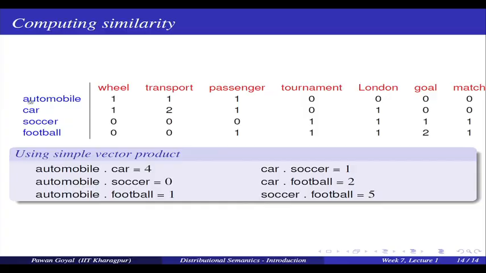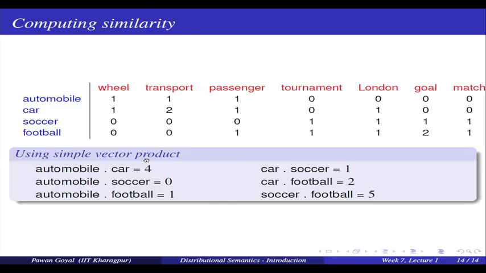If you try to do that in this example, what would you find? Automobile and car: the dot product would be 1 plus 2, 3, plus 1, 4, and everything else is 0. Similarly, automobile and soccer you will find 0, automobile and football 1, car and soccer 1, car and football 2, and soccer and football 5. So from these simple dot product computations, what is something that you see?